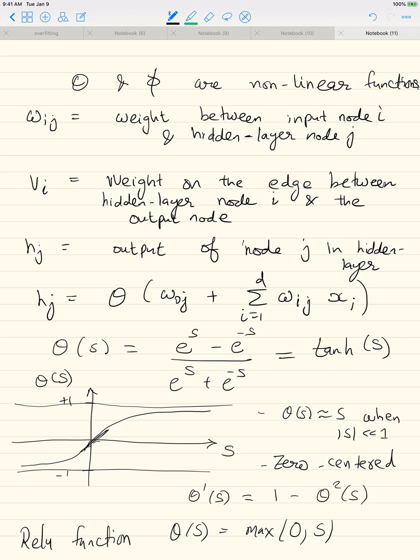So this is what we do. We take the input values, we compute a weighted sum by the weights on the edges, and then we compute hj as shown by this formula. We apply the nonlinear function theta, which we'll take as the hyperbolic tangent, and then we'll compute hj. So this is how the output of each hidden node is generated. Now the output value of the network y is obtained in a similar fashion.